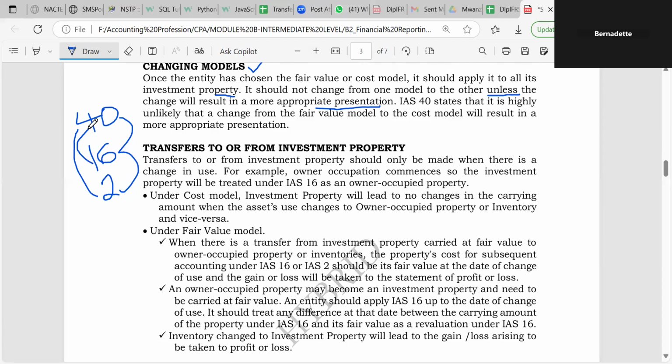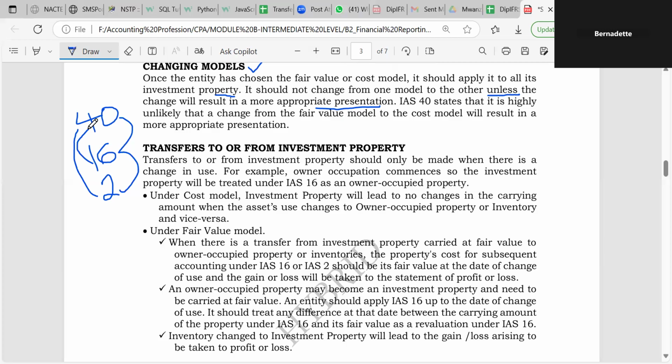The simple matter is you have to get done with the standard we are using. If we are using IAS 16 PPE, get done with everything there and then switch to the new accounting standard that we'll have to be using. That's the main principle.